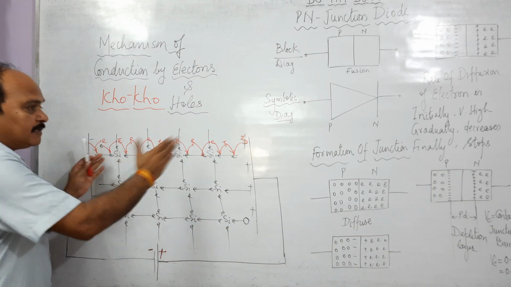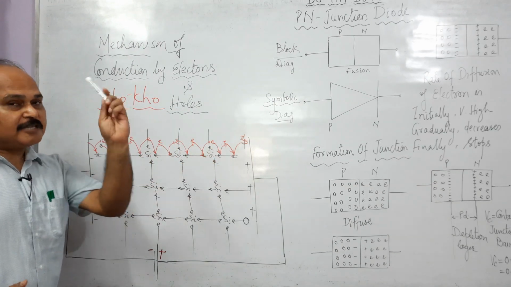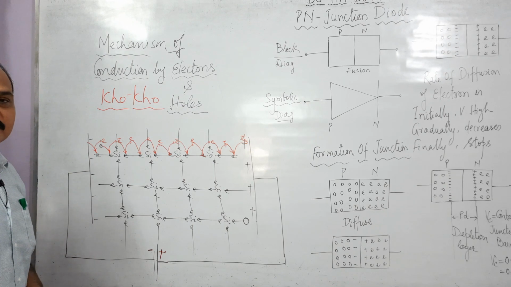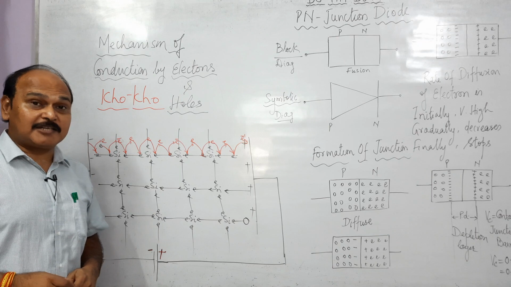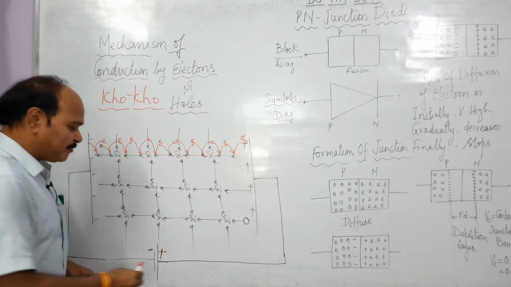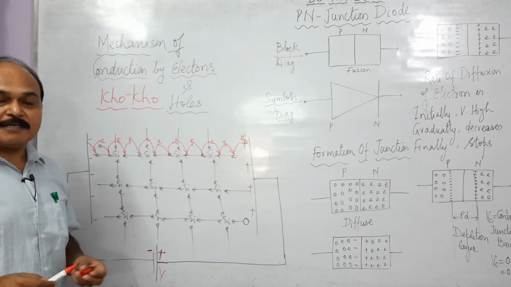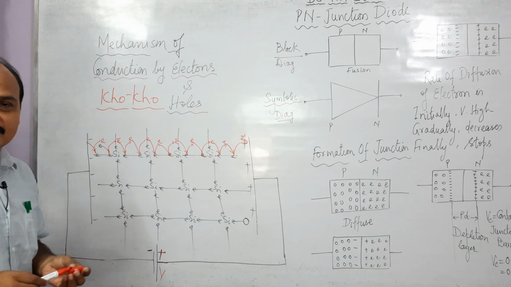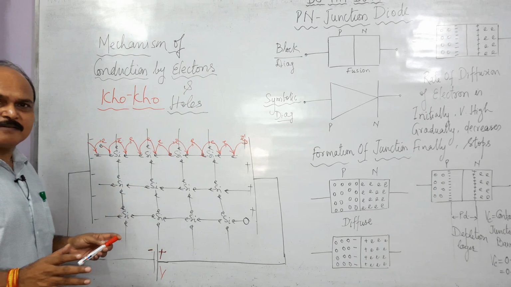The average speed with which the electrons move towards this positive plate is called their drift speed. The formula of drift speed is the same as the drift speed we have already studied in electricity: eτ/m times V/L. V is the potential difference across the terminals of the battery and L is the length of the conductor. e is the elementary charge, τ the relaxation time, m the mass of the electron. The same formula, same concept.